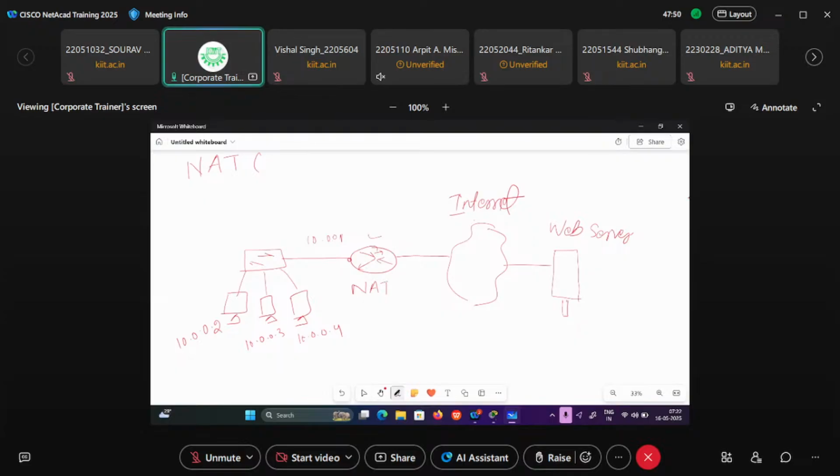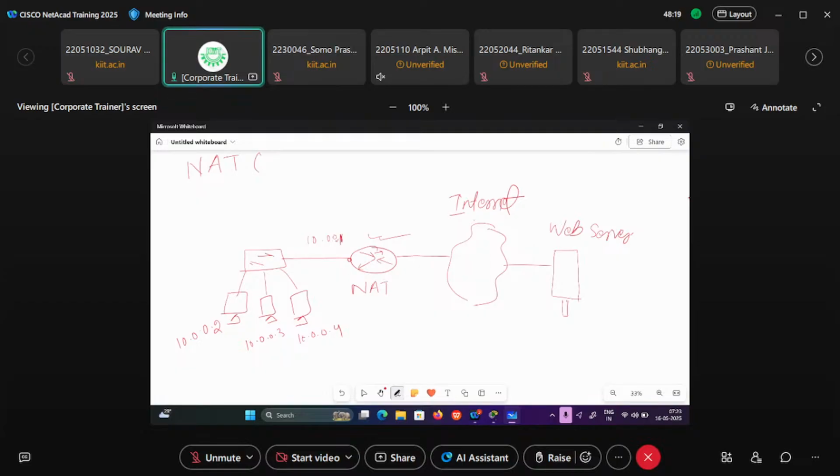So all these IPs for the PCs and the default gateway which are connected to this router are called which IP, guys? Private or public IP? Which type of IP is this? Private. Someone is telling public IP. So do you remember the range, or did you forget, guys?